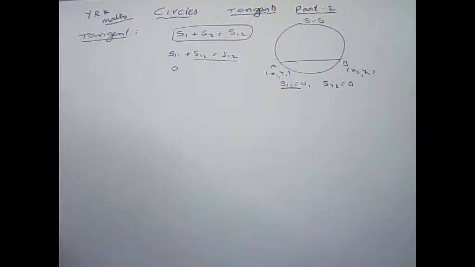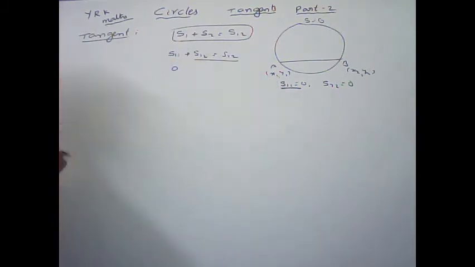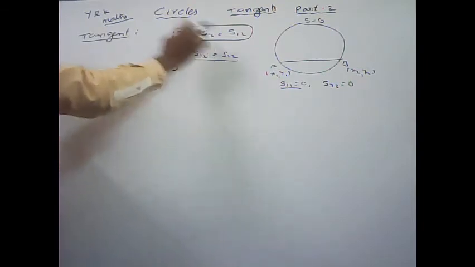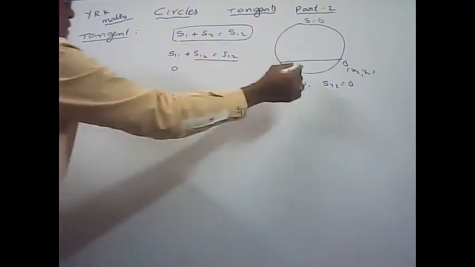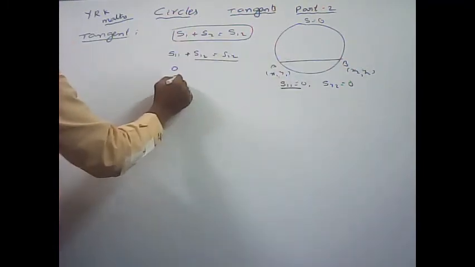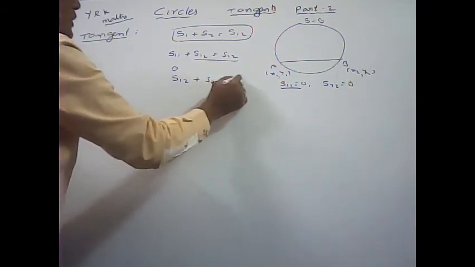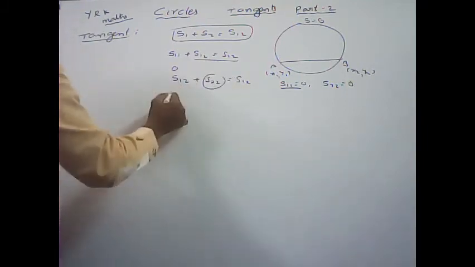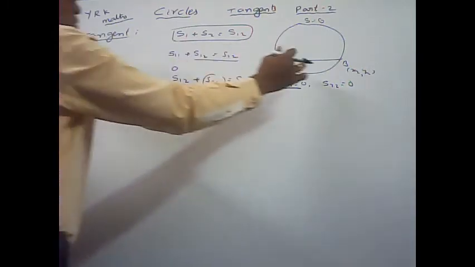So that satisfies; this equation passes through the point x1, y1. Why? Because if I substitute x1, y1, we are getting LHS equals RHS. If it passes through x2, y2, here we can get S12 plus S22 equals S12. S22 is 0. Again we are getting S12 equals S12. So that relation passes through B also.